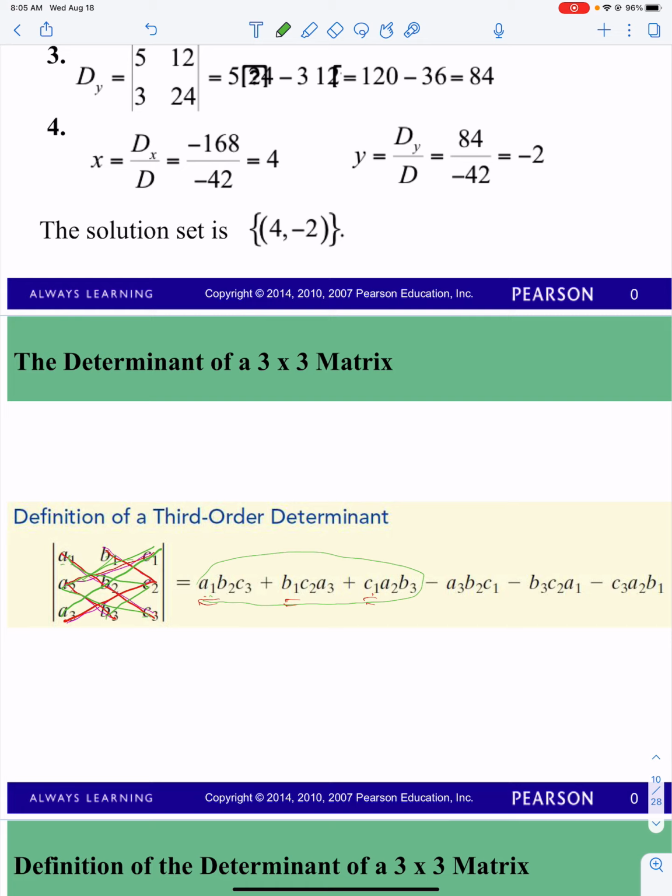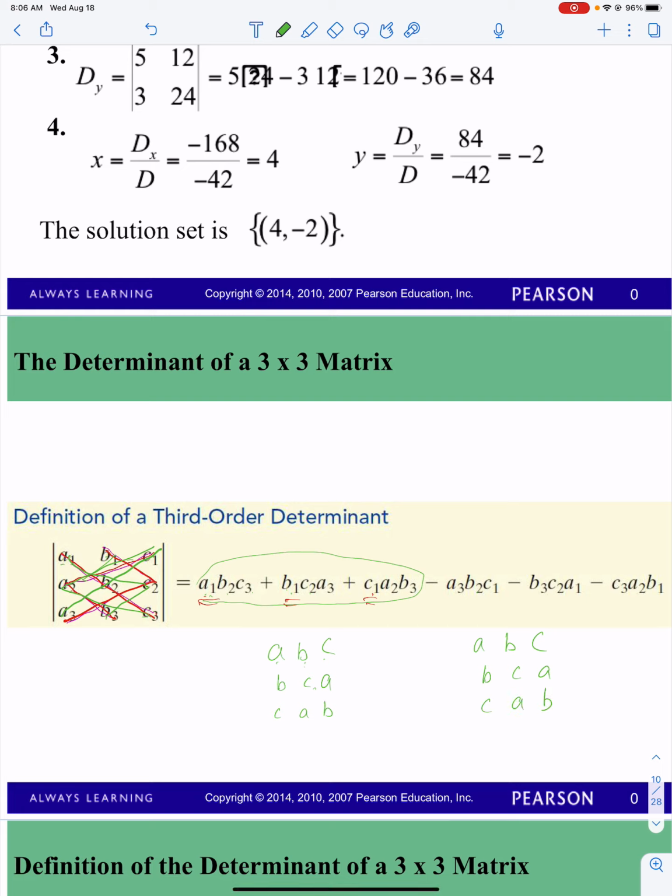You keep the letters A, B, C and rotate. So the first is A, B, C, the second is B, C, A, the third is C, A, B. And for the negative terms it's A, B, C, B, C, A, C, A, B as well.